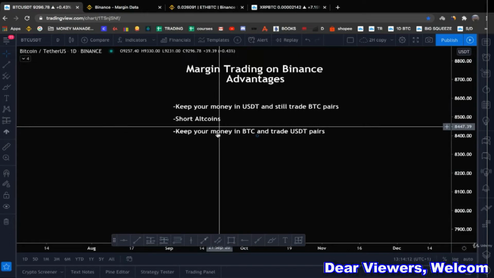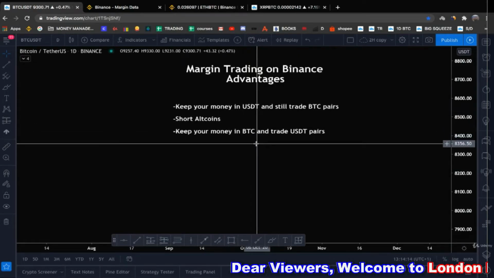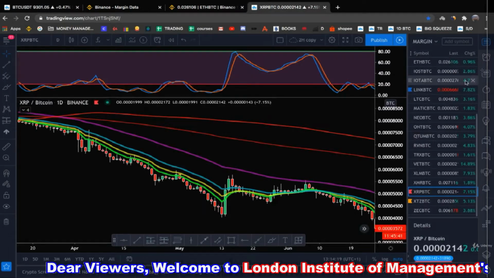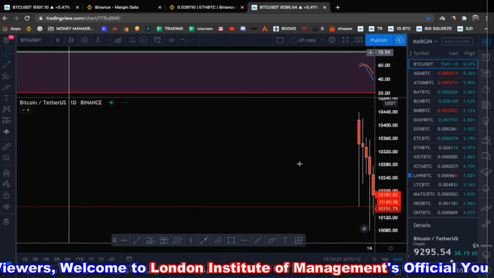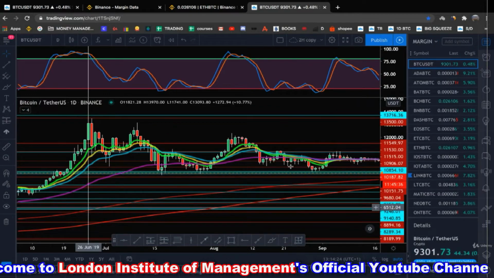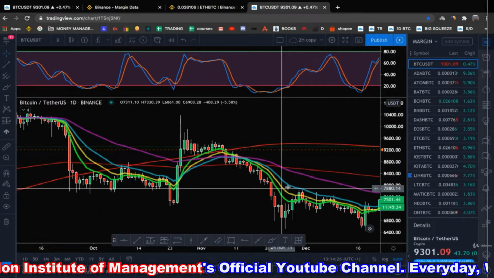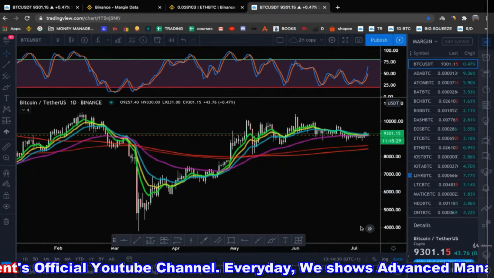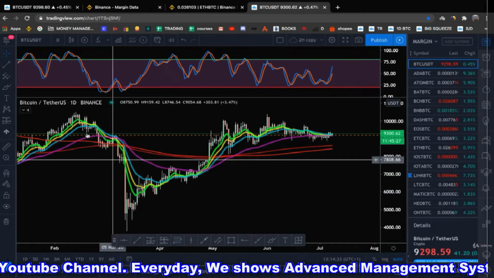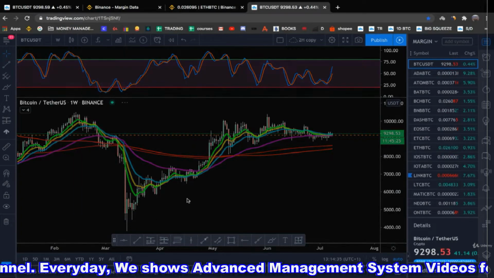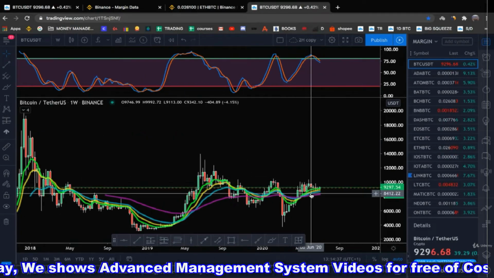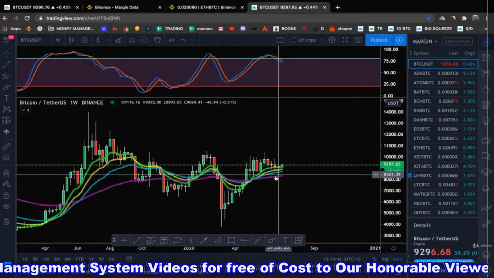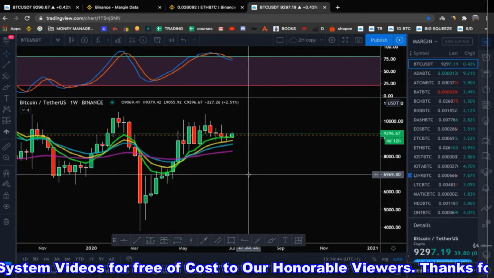And of course you can also do something else. If you like to keep your money in Bitcoin, let's look again at the Bitcoin. When the new bull market begins, when you are aware that the Bitcoin is in a bull market, let's say on a weekly scale, you can simply buy with your USD account and hold the Bitcoin.